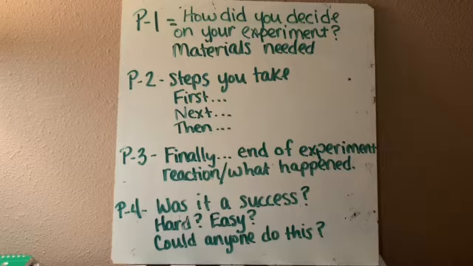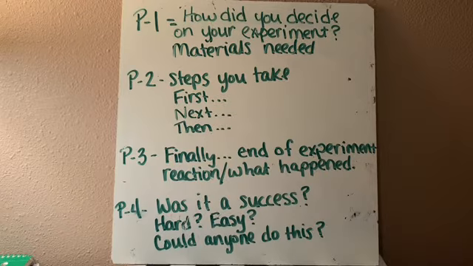All right, so we are working on paragraphs. That's a big thing that we're going to do in 5th grade, and I know we haven't done a whole lot in 4th grade yet as far as multi-paragraph papers, but we're trying to get there. So if you look on my board, I have it outlined for you into 4 paragraphs.